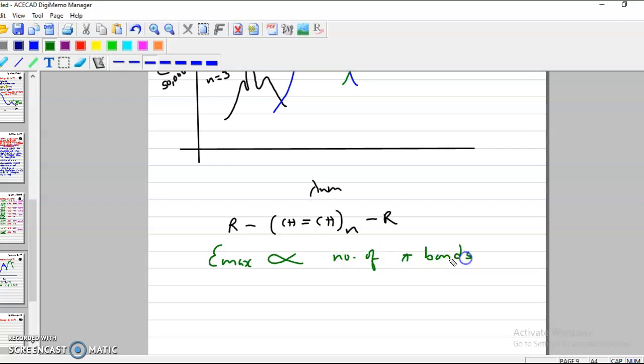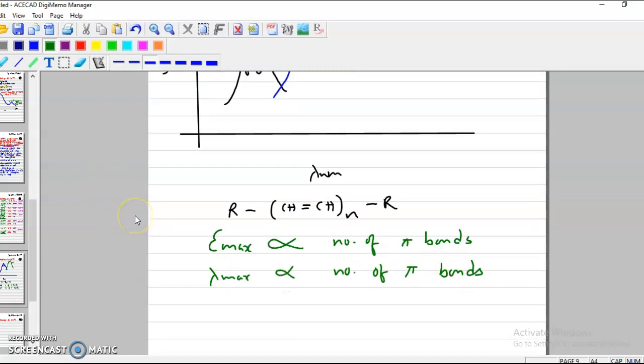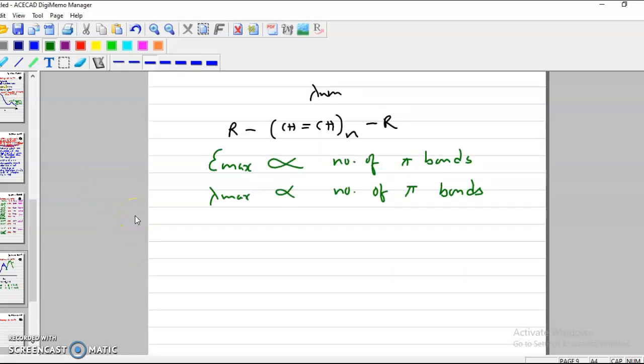As number of pi bonds increases, the value of epsilon maxima increases along with lambda maxima also. So lambda maxima is also directly proportional to number of pi bonds. Okay, so this is the example of polyenes and different type of values of epsilon maxima.